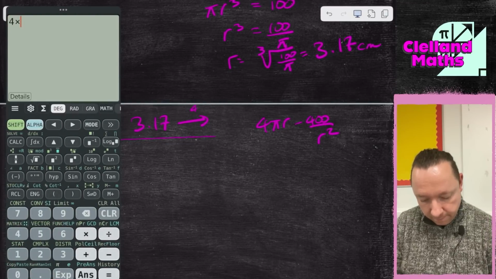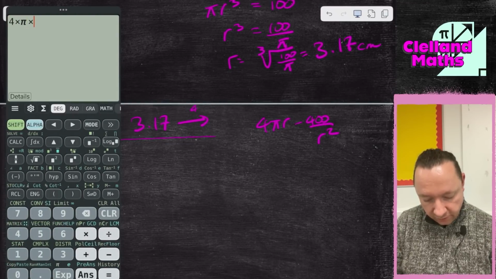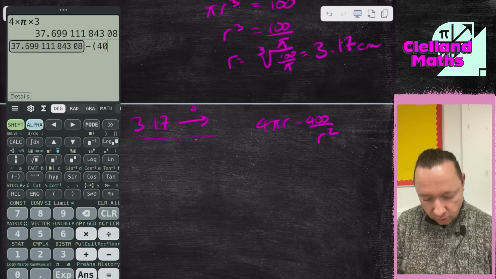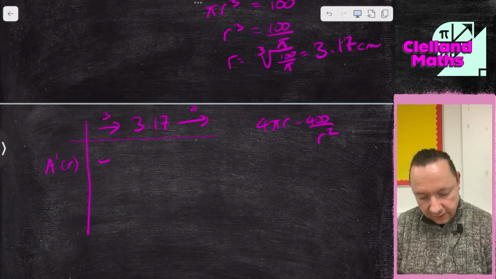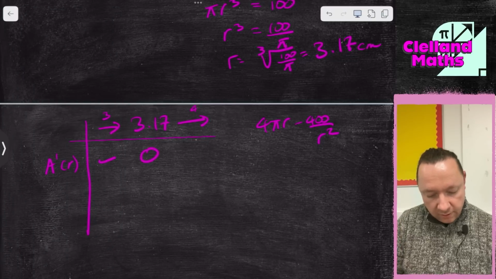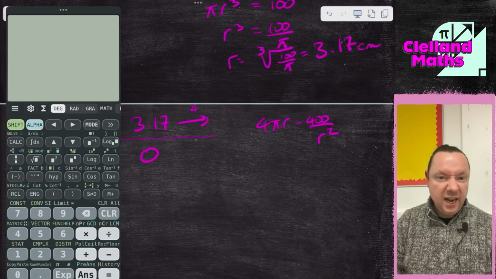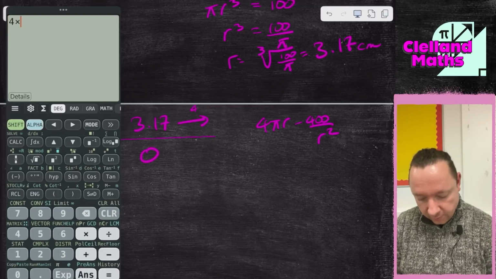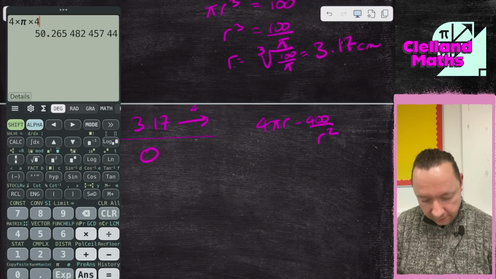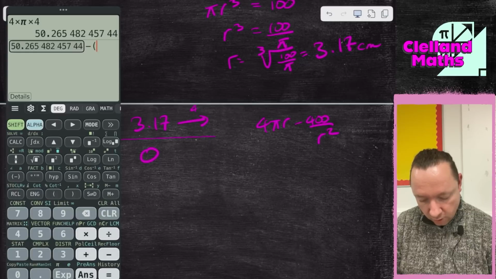4 times pi times 3, say, is that, minus 400 over 3 squared is 9. That's a negative number. So I can just write negative, that's less than 0. And then 4 is going to be positive, of course, but we need to check just to be on the safe side. 4 times pi times 4 is that, minus 400 over 4 squared is 16.